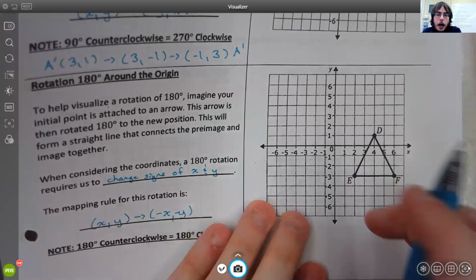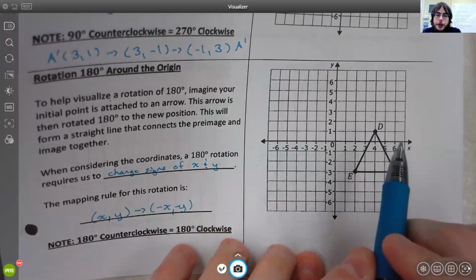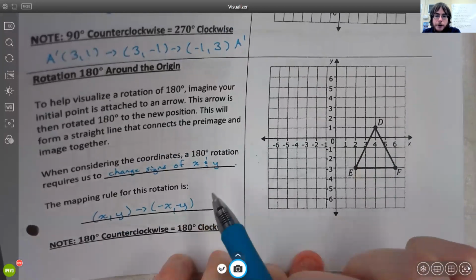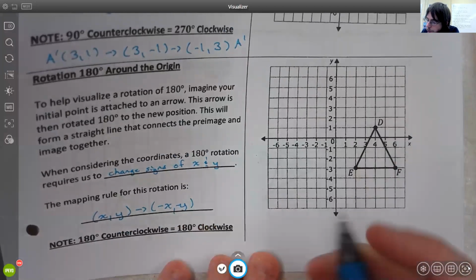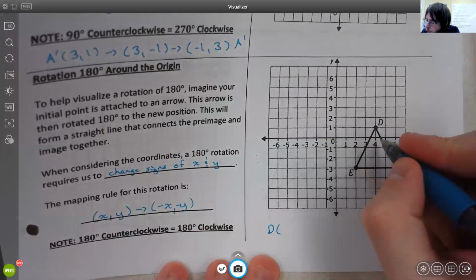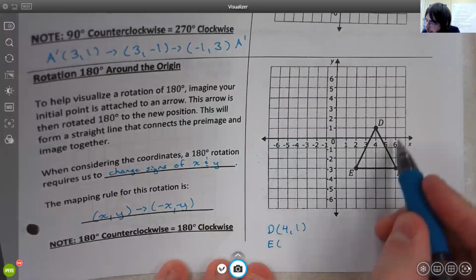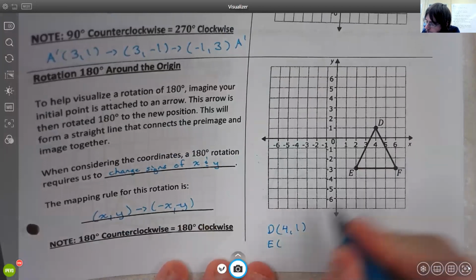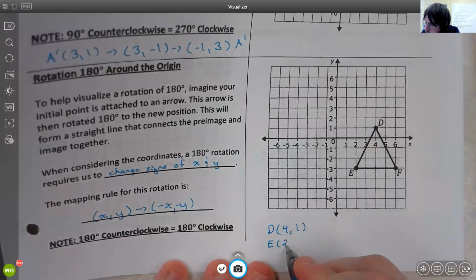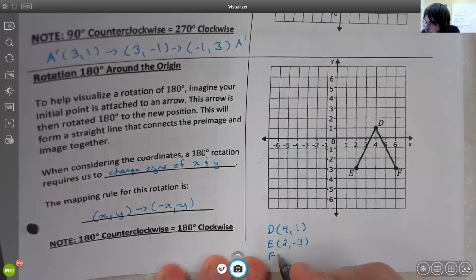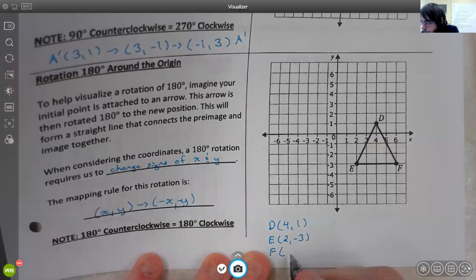So I'm going to first determine the new coordinates using the formula. So D is at 4, 1. E is at 2, -3. And F is at 6, -3.